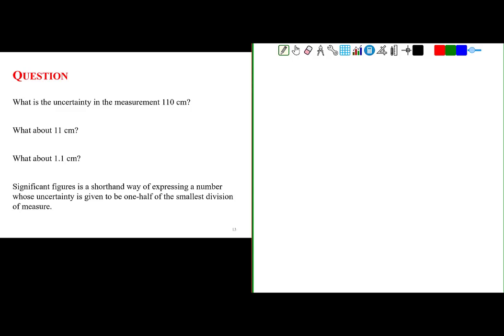What is the uncertainty in the measurement of 110 centimeters? Or what about 11 centimeters? Or what about 1.1 centimeters? Each of these values was based off of the result of a measurement.